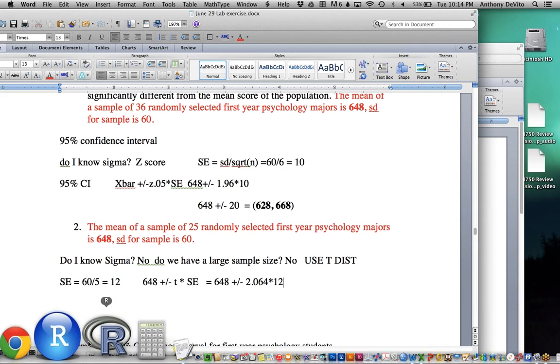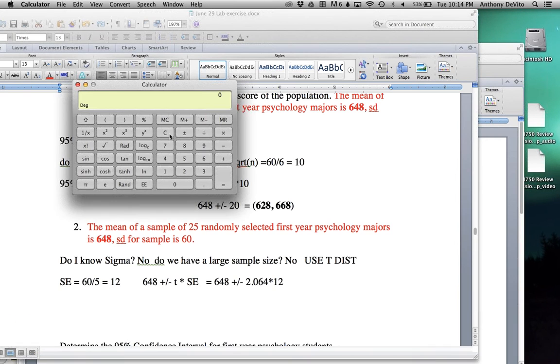So I'm going to get my calculator up for this. 2.064, okay, times 12 is equal to this. I'm going to put that into memory.